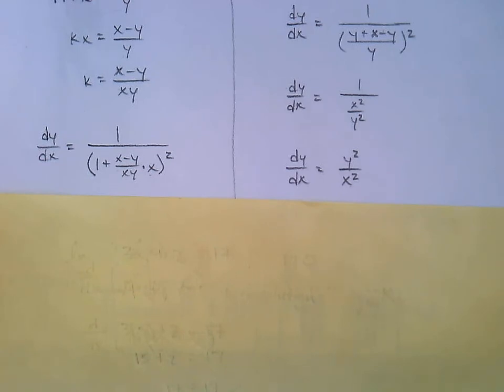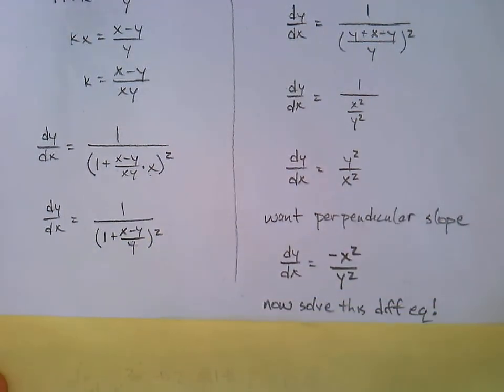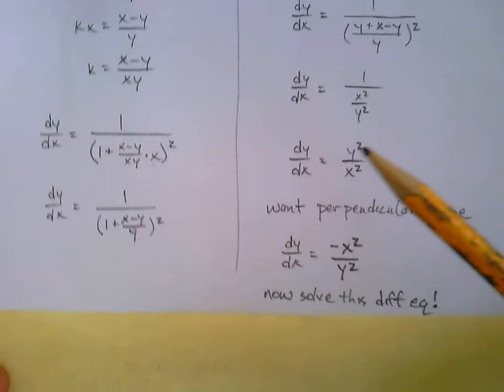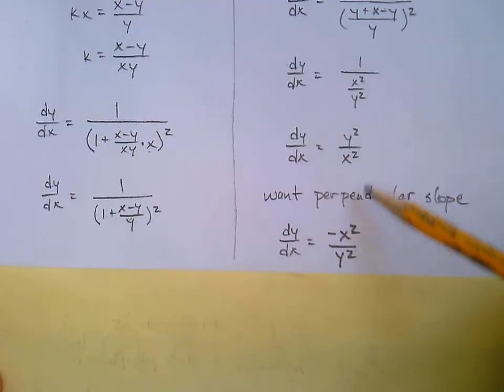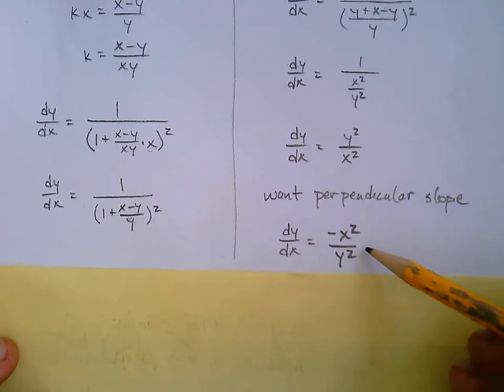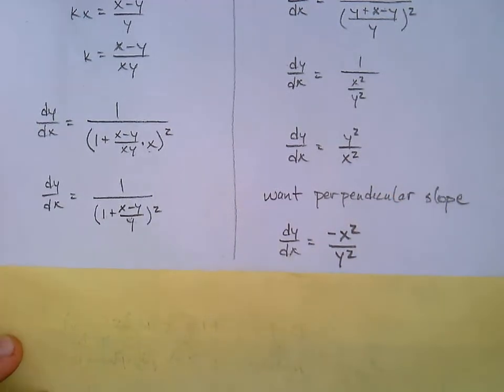How do you find the slope that would be perpendicular to it? Take the negative reciprocal. Well, the negative reciprocal here is negative x squared over y squared. This would be the slope for the curve that we want, which is at a right angle to this one.